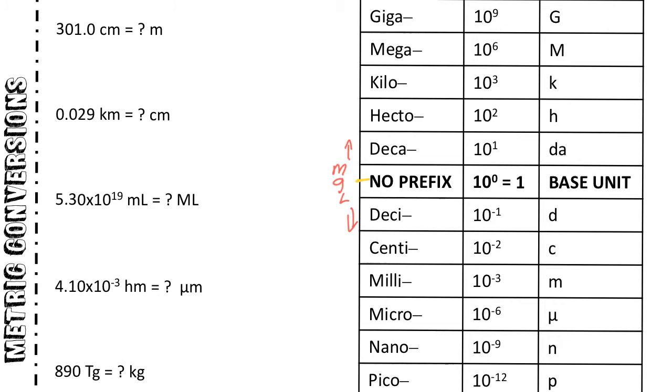So it's going to take 10 decimeters to make up 1 meter. It's going to take 100 centimeters to make up 1 meter, and so on. So these are very small, smaller than the base unit. These are all bigger than the base unit.